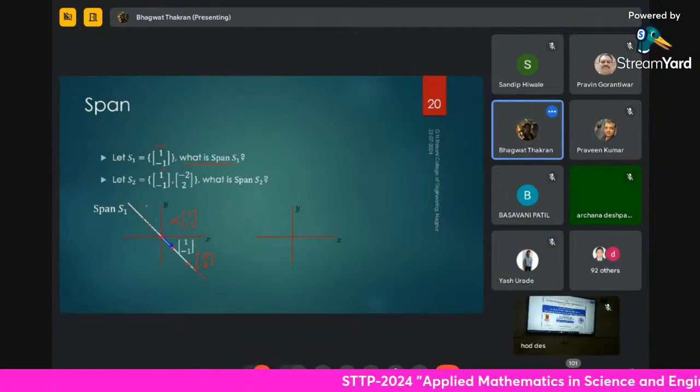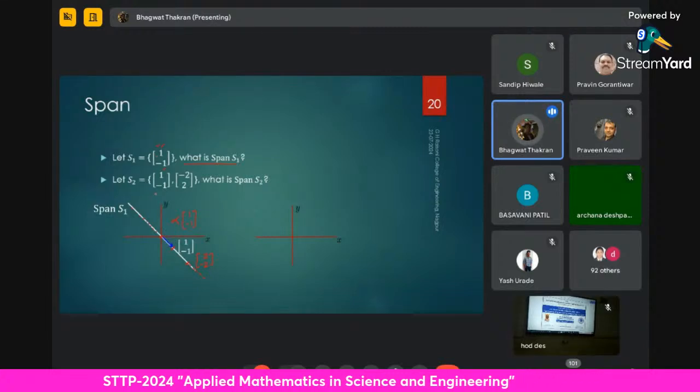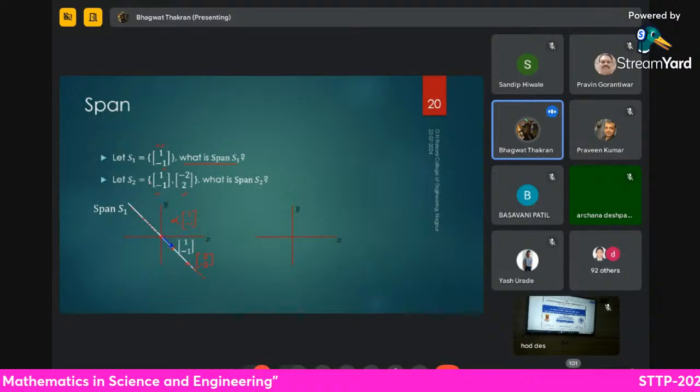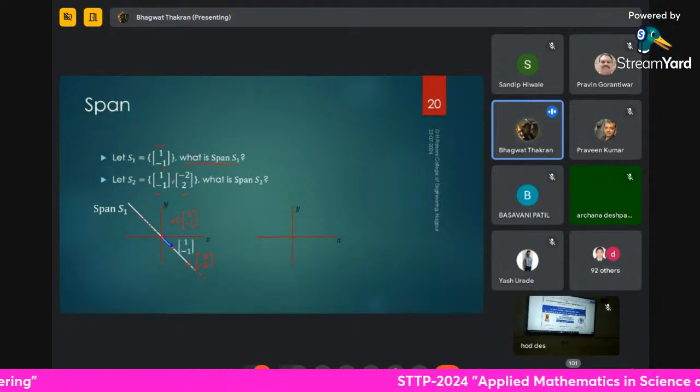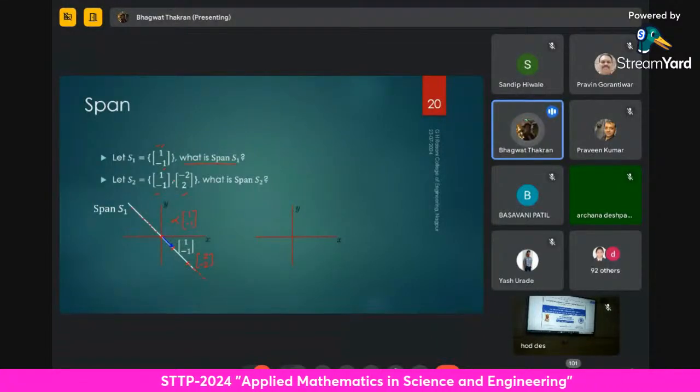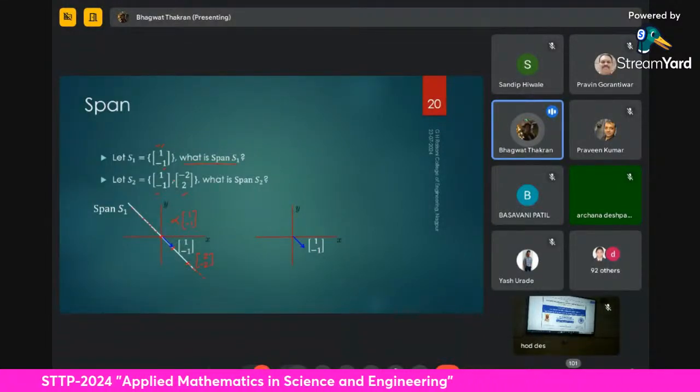Okay. Now, instead of one vector, let us consider two vectors, 1, minus 1 and minus 2, 2. Are they the same? Let's check. 1, minus 1 is a vector in the fourth quadrant.